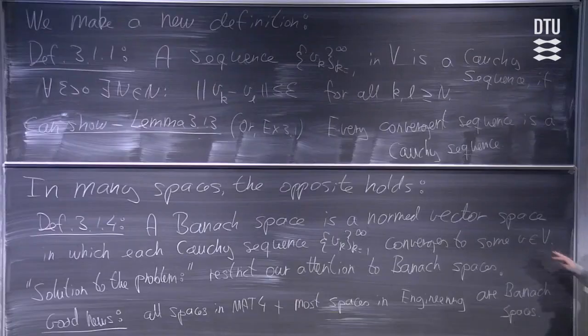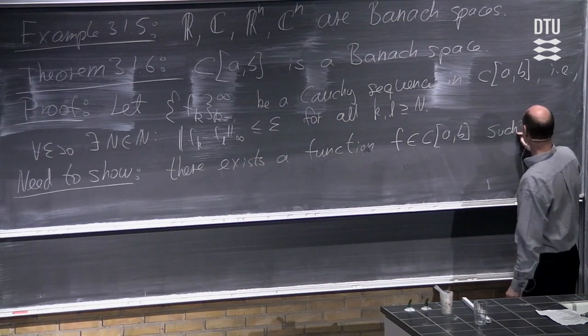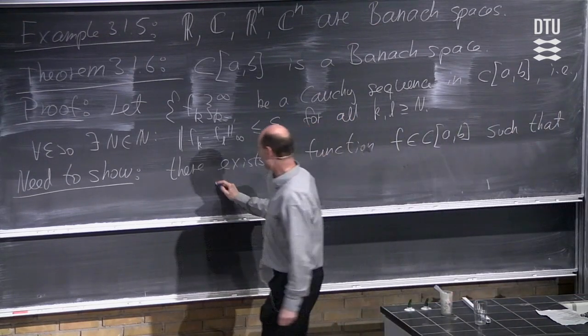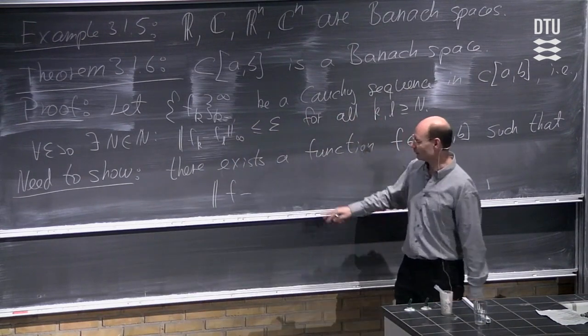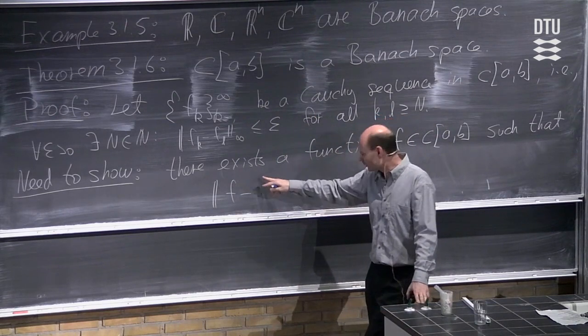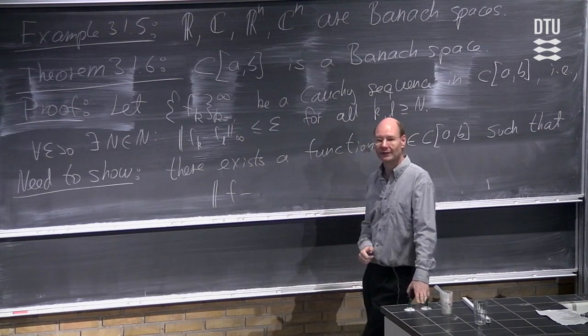So this means the function f which exists should belong to the space C(a,b), such that the norm of f minus fk goes to 0 when k goes to infinity.